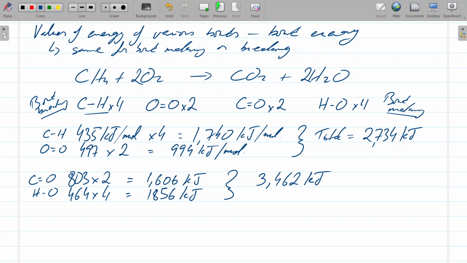Now what you need to do is take the difference between the reactants and the products, so the energy required to break the bonds and the energy given out when the bonds are made.